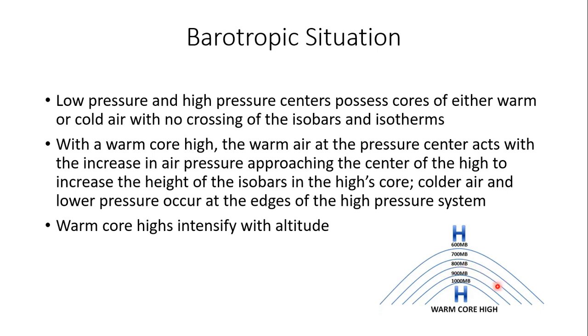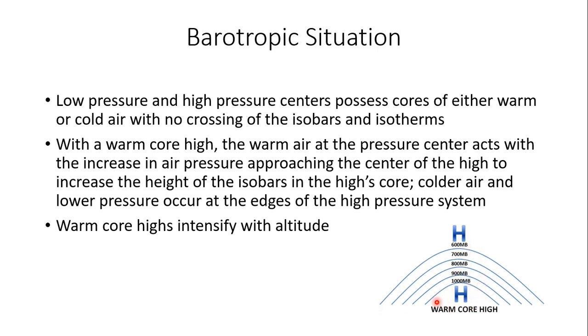So notice on the graphic here at the bottom, each of these height contour lines is solid blue. Everywhere along this particular solid blue line is a constant pressure of 900 millibars. Everywhere along this particular solid blue height contour, or isoheight line, has a pressure of 800 millibars, and all the way up to 600 millibars, higher up in altitude in the atmosphere.